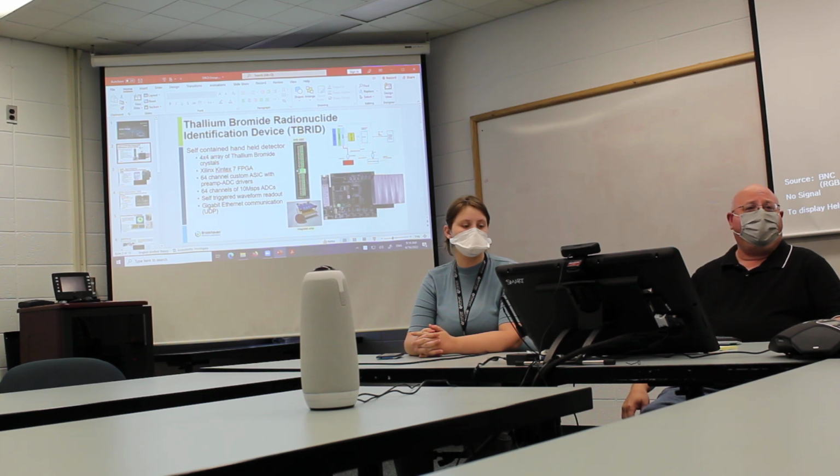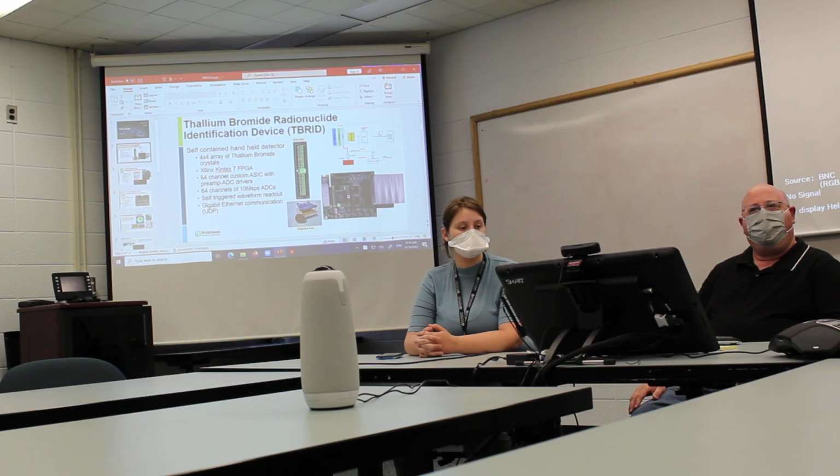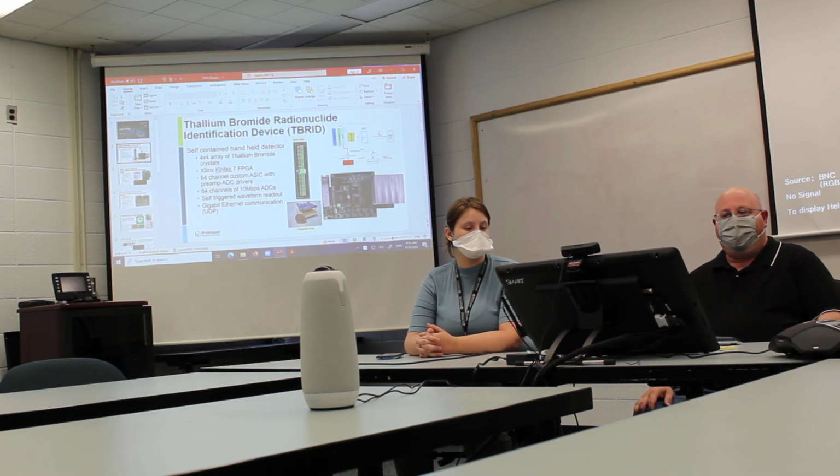This is a gamma detector, so it detects gammas. Normally, the medium used to detect gammas is CZT. Thallium bromide is a new material that we're trying to see if we can use in a detector.